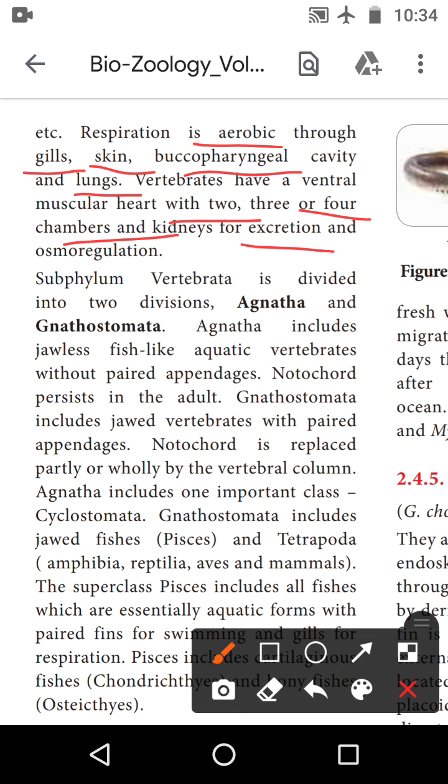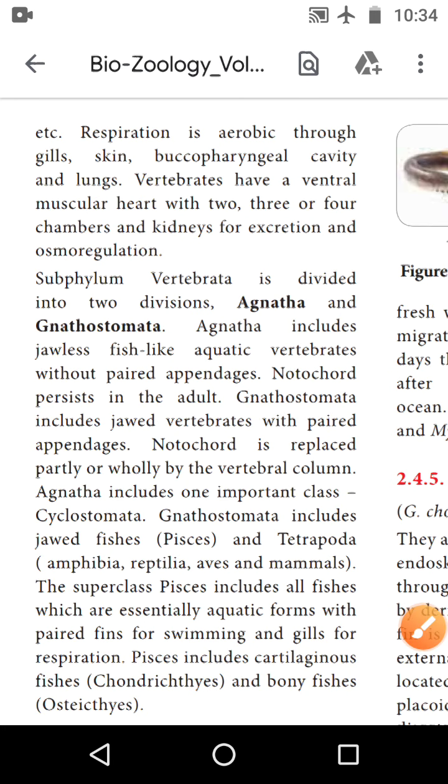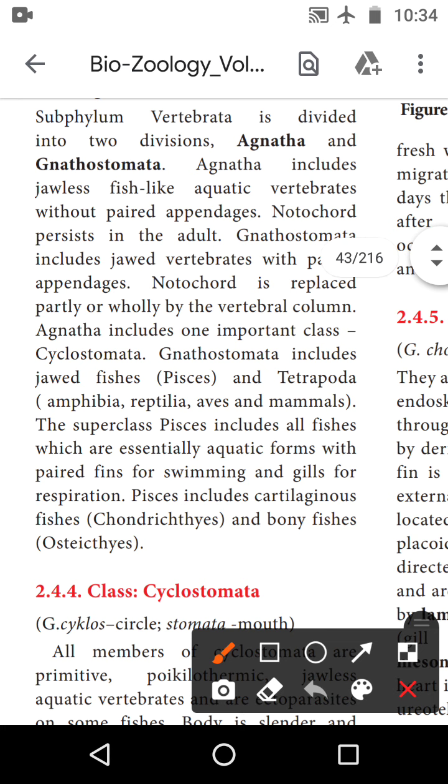So osmoregulation. Okay, the subphylum Vertebrata is divided into two divisions, Agnatha and Gnathostomata. Agnatha include the jawless fish-like aquatic vertebrates without paired appendages. So no paired appendages are present.